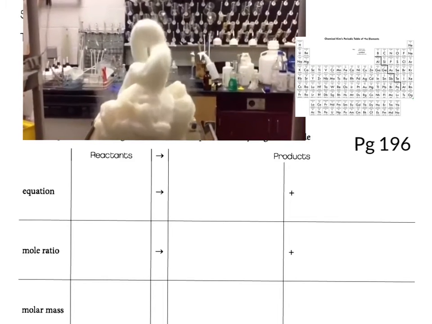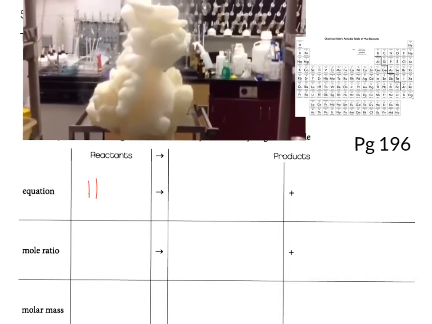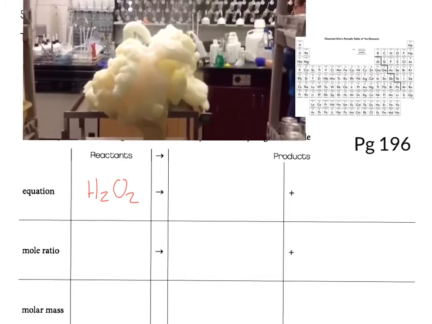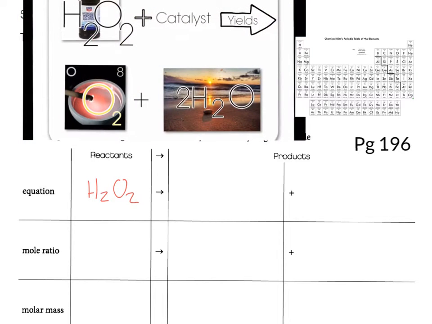So we're looking at the decomposition of H2O2. And when H2O2 decomposes, it decomposes into water vapor as a gas and then oxygen also as a gas. When we go to balance this equation, we want to balance it with our coefficients by putting a 2 in front of the H2O and then a 2 in front of the H2O2 and then a 1 in front of the O2.